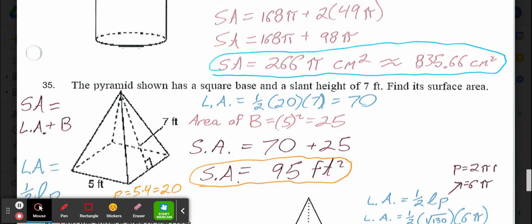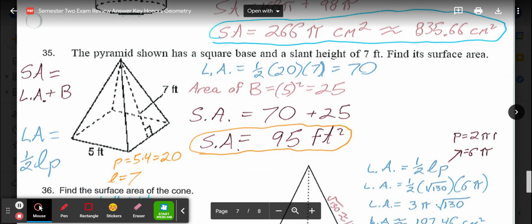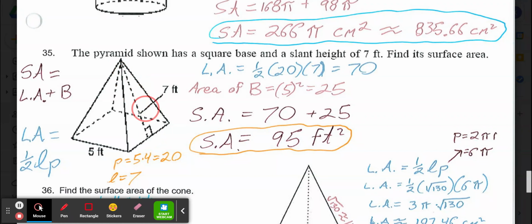All right, moving on to our pyramid. So now we know the surface area of a pyramid is the lateral area plus the area of its singular base. So our lateral area is 1/2 the slant height times the perimeter of the base. So we have our slant height here is 7.